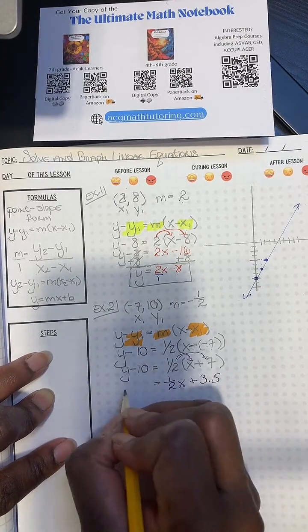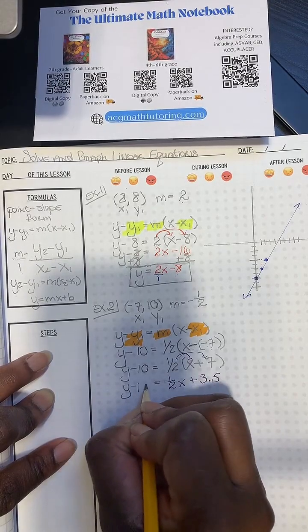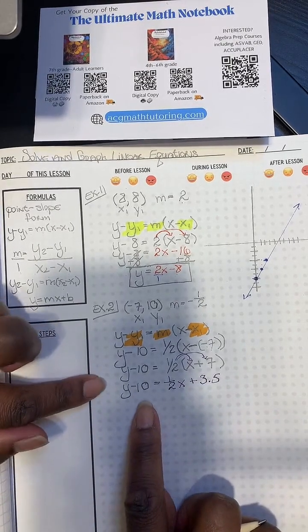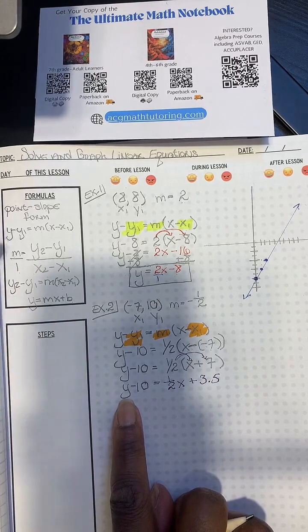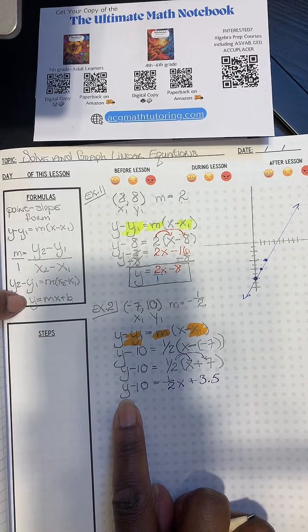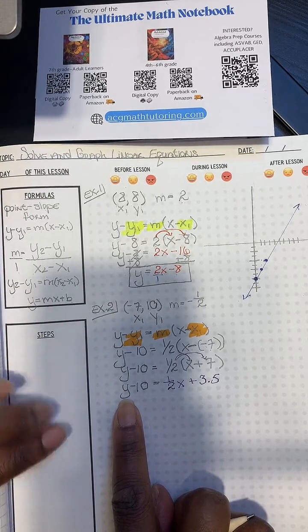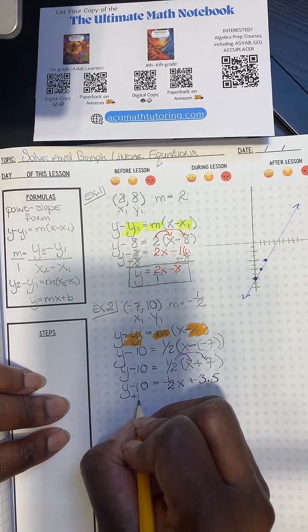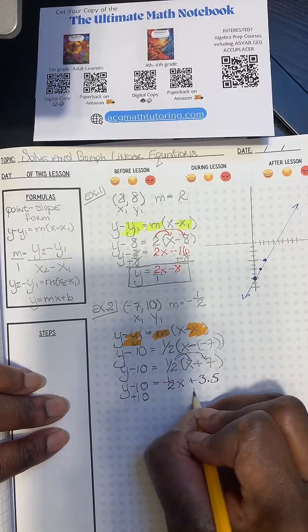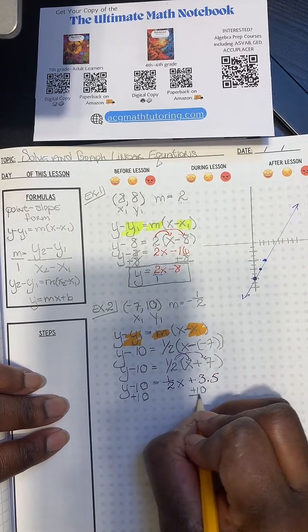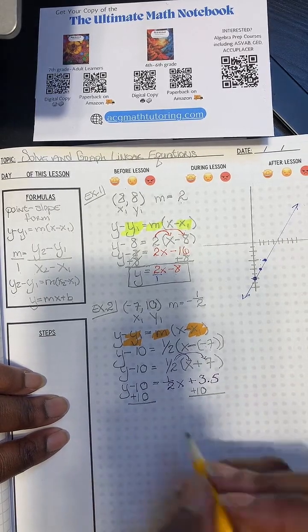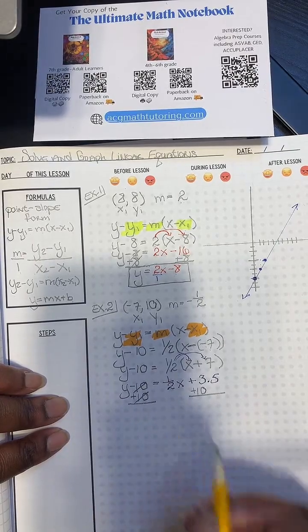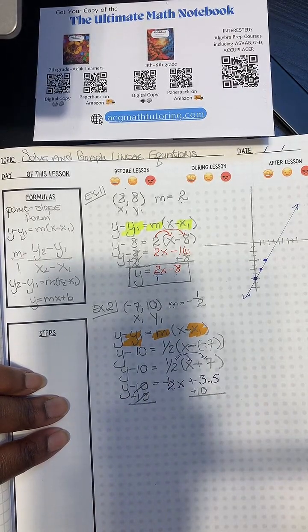So then we have equals, we have our y minus 10. So we're trying to get y by itself, okay? We're trying to get it into that y equals mx plus b. So when we do that, we need to add 10 on both sides. So negative 10 and positive 10, they cancel each other out.